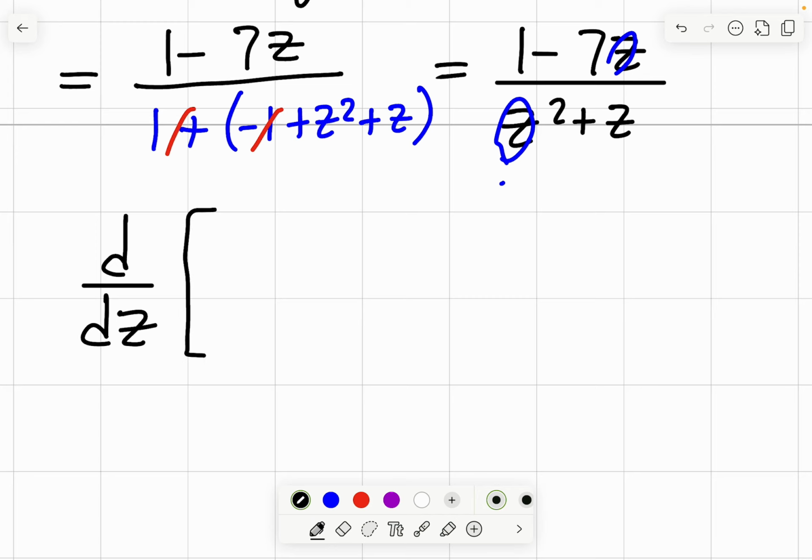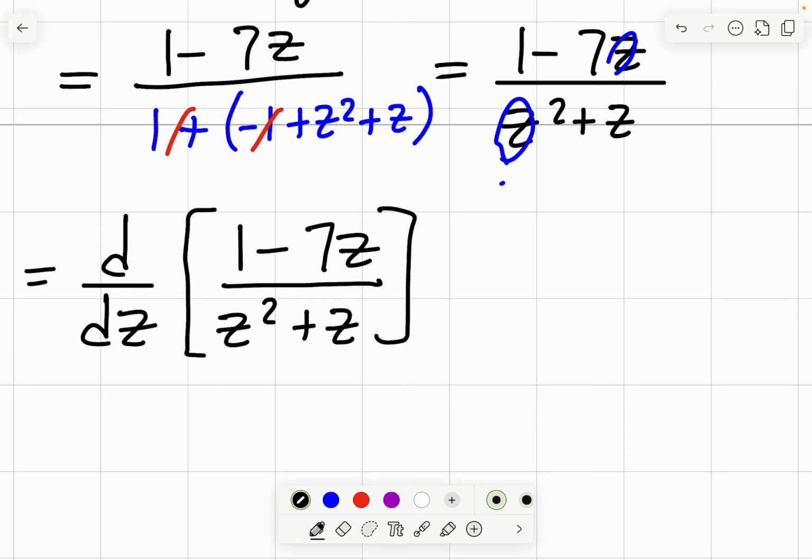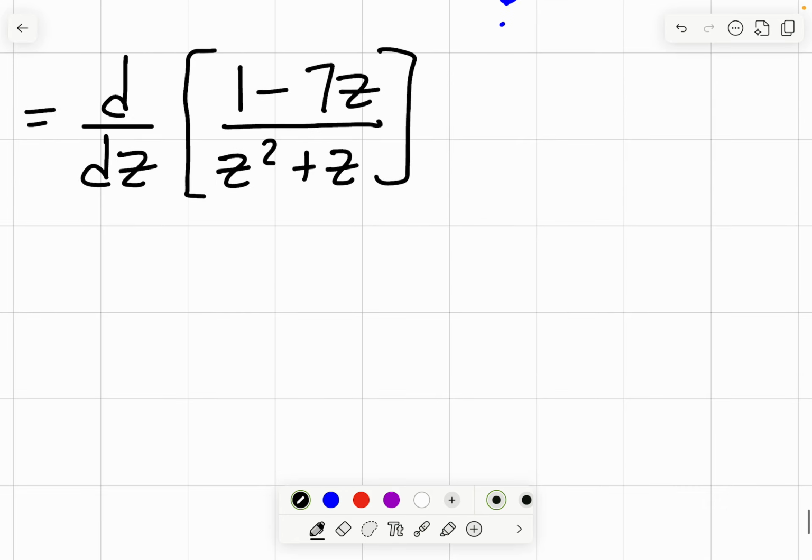So I'm going to be left with 1 minus 7z divided by z squared plus z. Don't forget the equal sign is very much important. So if I start to derive, I leave that d over dz. The derivative of 1 is 0. The derivative of negative 7z is negative 7. So I keep the 1 in the denominator actually.